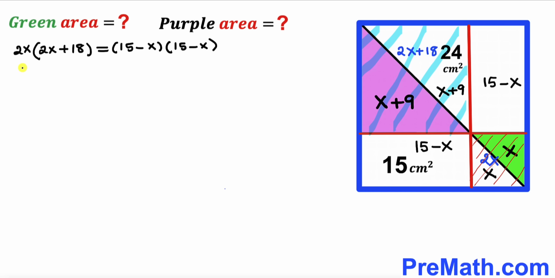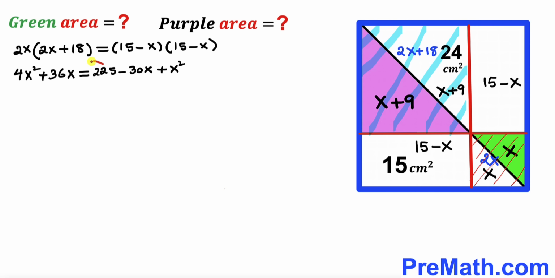Let's go ahead and multiply. So this is going to give us 4x square plus 36x is going to be equal to, on the right hand side, if we multiply, 225 minus 30x plus x square.